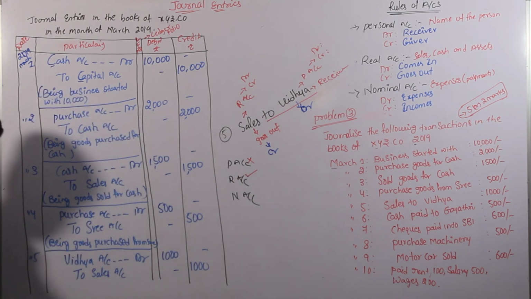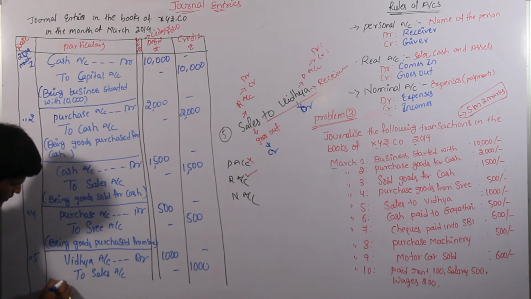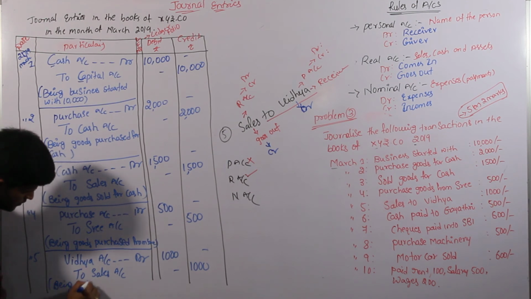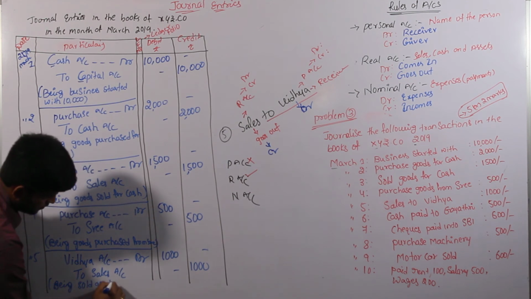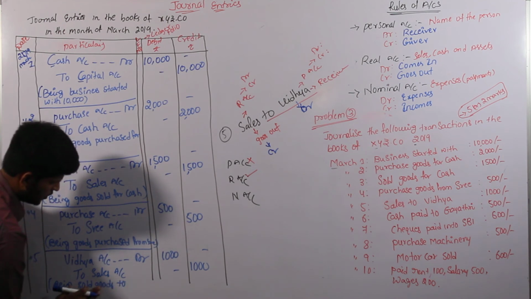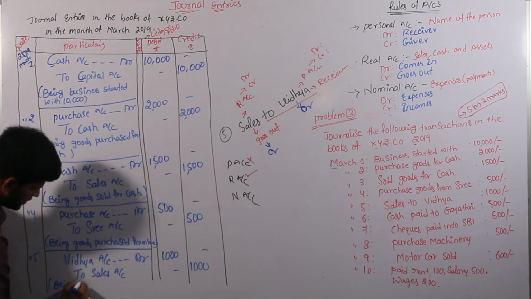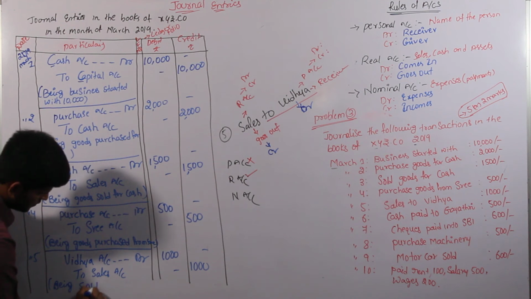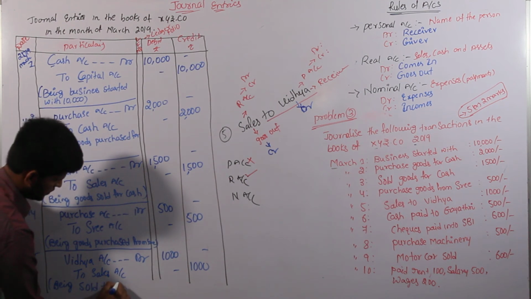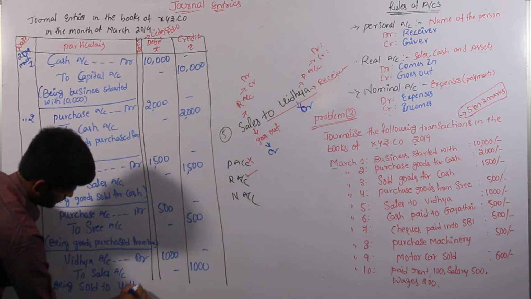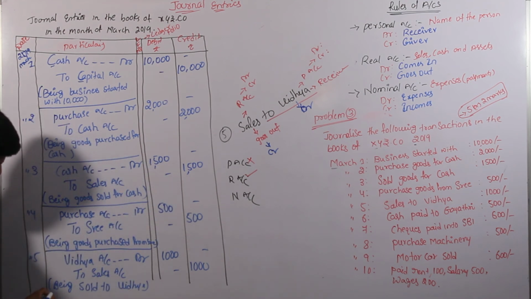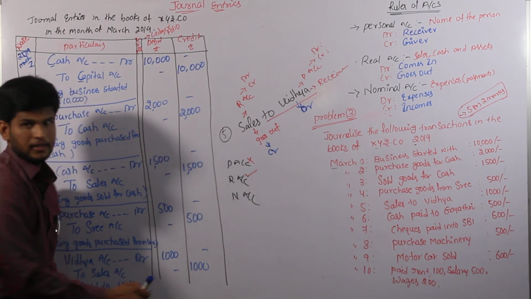After the transaction, give the narration being sold goods to, not only goods, we can write as being sold to Vidya. The transaction is completed. Underline the narration.